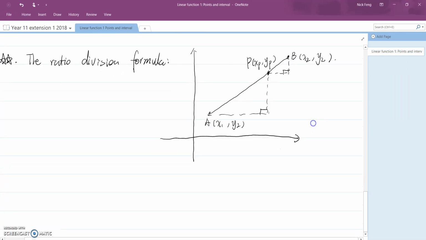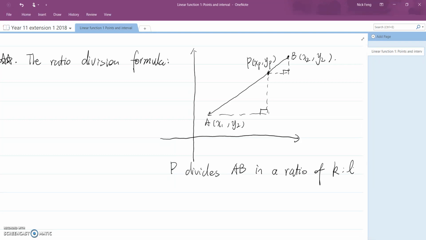So the given condition is P divides AB in a ratio of, let's say, K to L. Doesn't mean AP has a length of K and BP has a length of L. It just means the ratio.